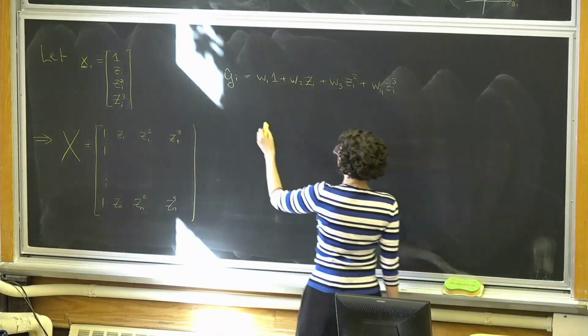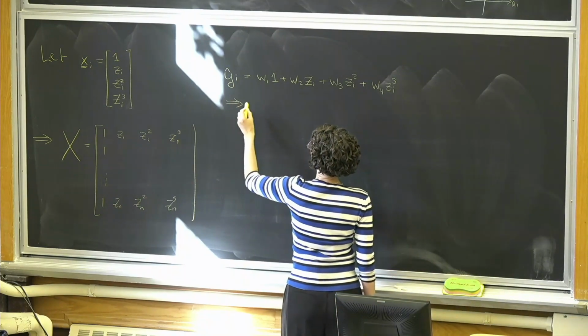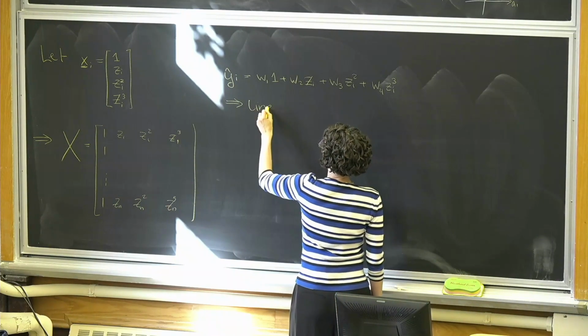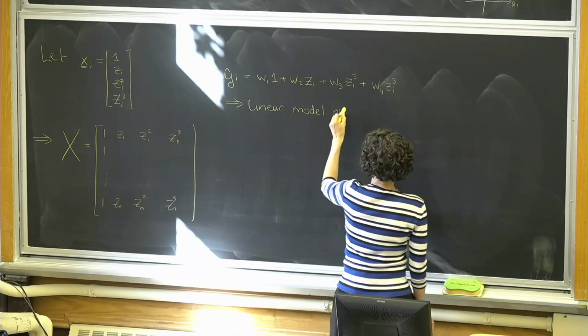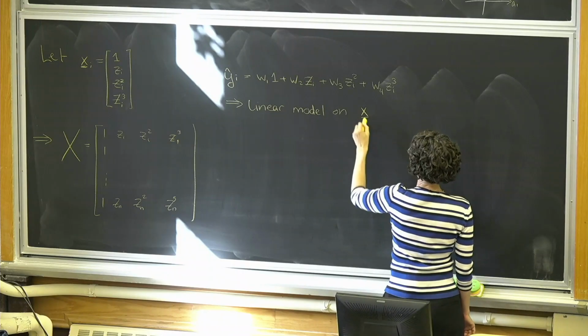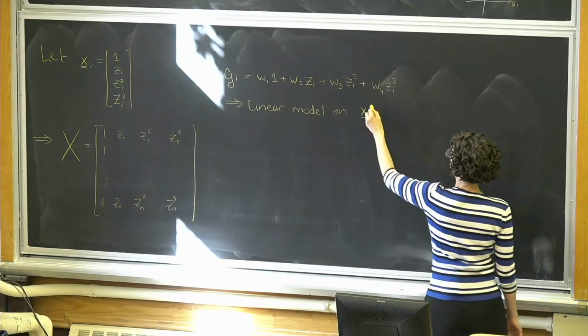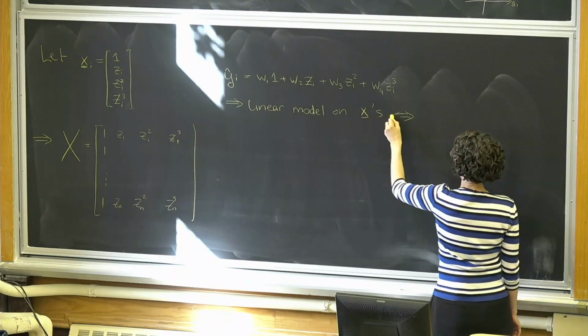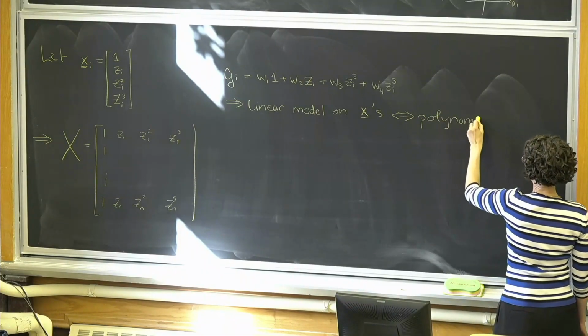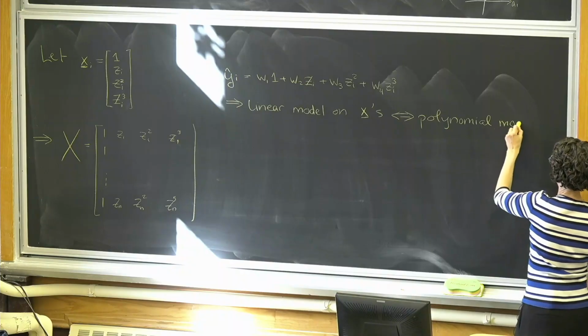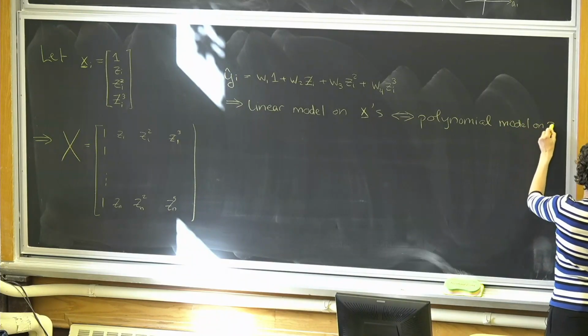And so now what we see is that the linear model on the features, on the x's, is the same thing as a polynomial model on the z's.